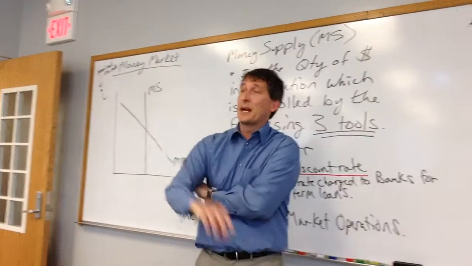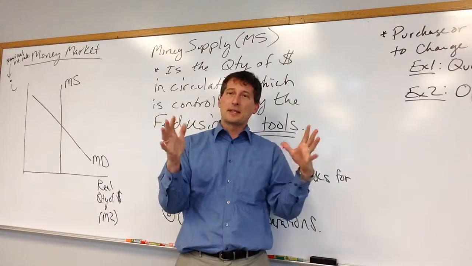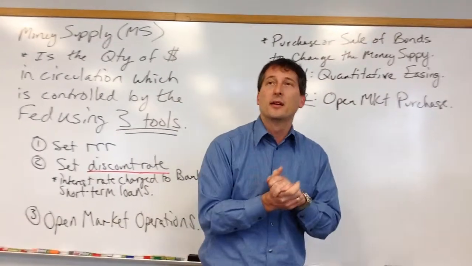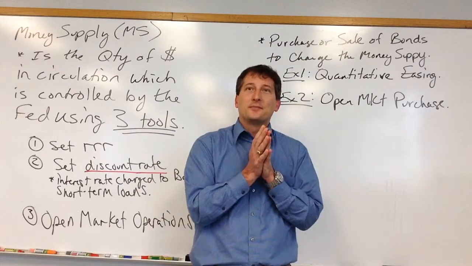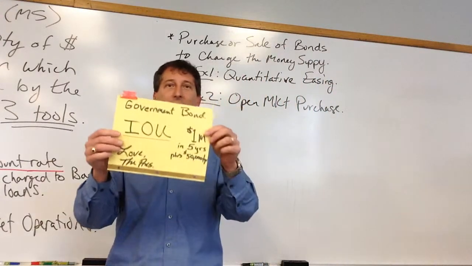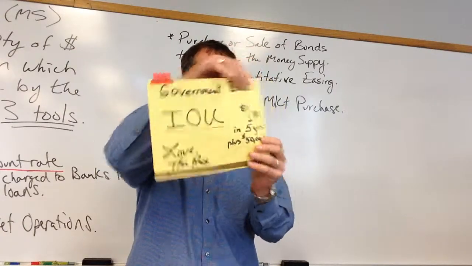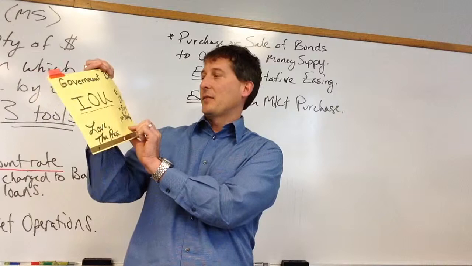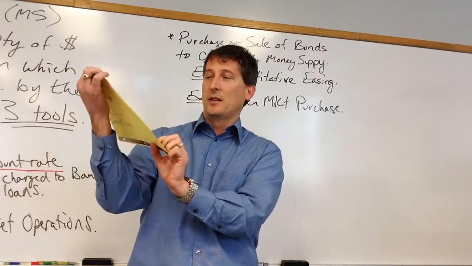It's a loan, right? It's a form of a loan. That's exactly right. It's not necessarily to a bank, but this is how the government pays for stuff that they don't have money for. So they take a loan out. They draft a little piece of paper that says government bond, $1 million, paid back in 5 years, plus $50,000 a year worth of interest.